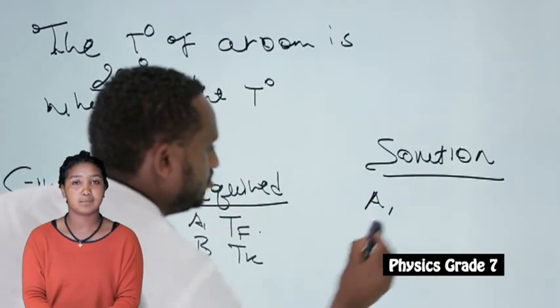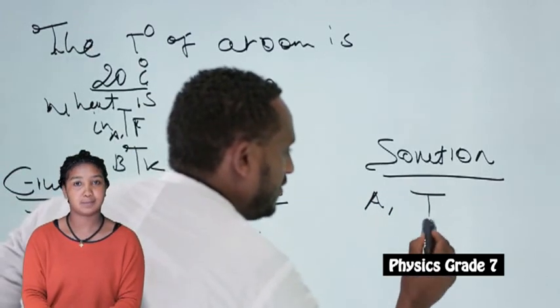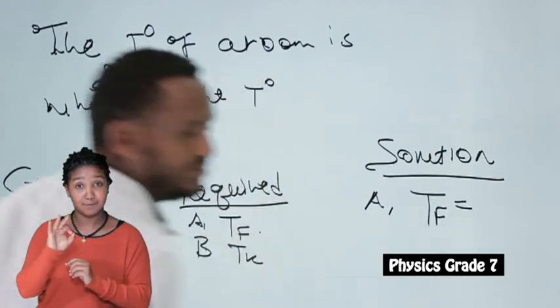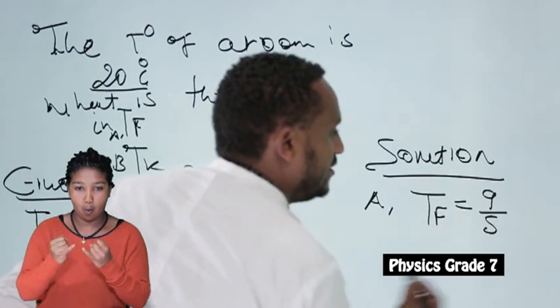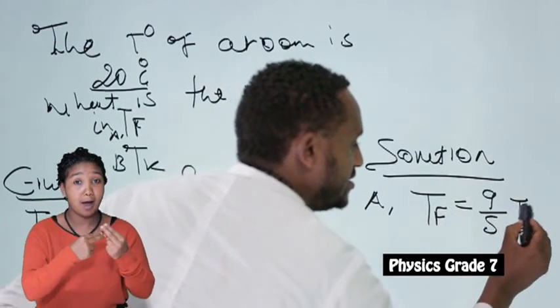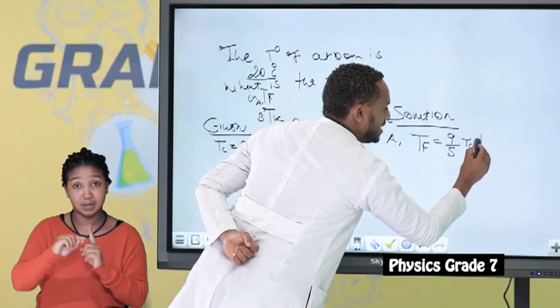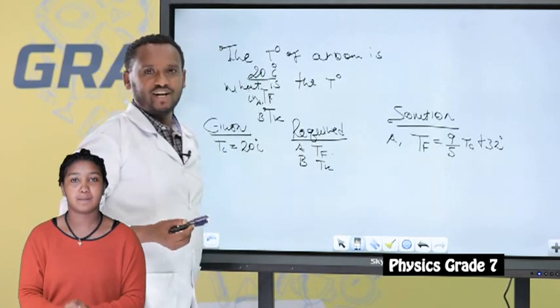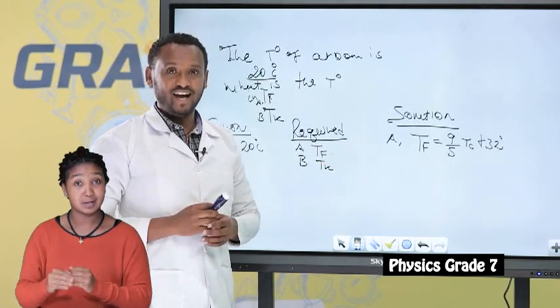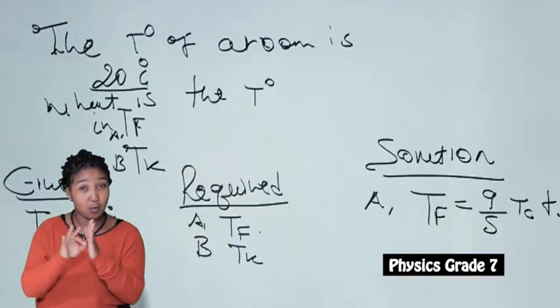A, temperature in Fahrenheit is equal to 9/5 times temperature in Celsius plus 32 degrees. Students, do you remember this formula? Very good.